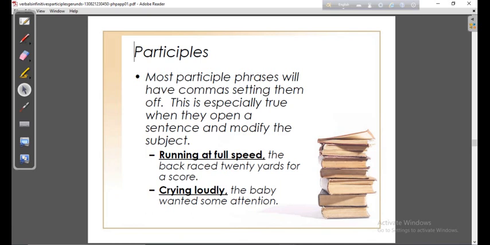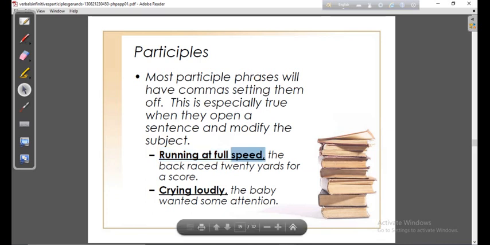Running is the present participle, and when it is connected with at the full speed, it is called a present participle phrase. It has started the sentence, which is why it has been separated with a comma.